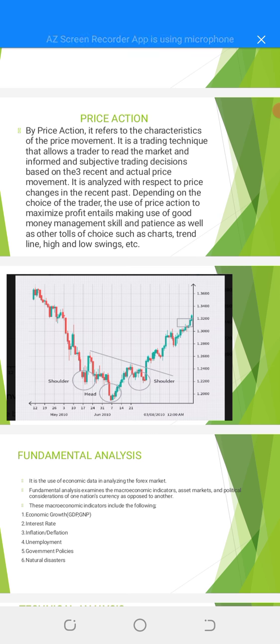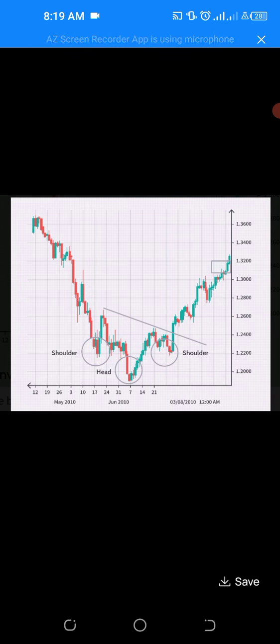Now, for instance, this is a very good example of a chart. And you can see, like I told you, for me, I like to use the color red for my bearish candles, while the color green for my bullish candles.